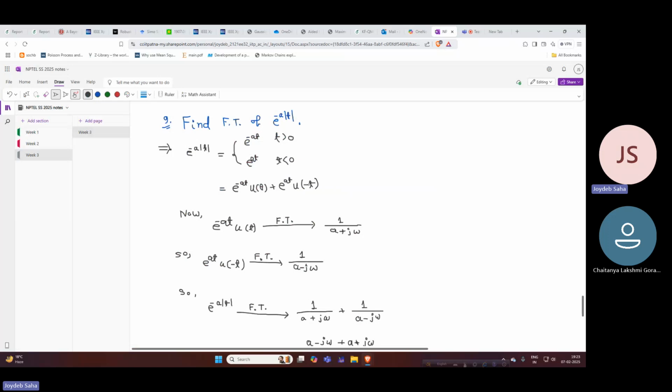Okay. If it is clear, then we can write e to the power minus at ut plus e to the power at u of minus t. Fine. Now what we know is the Fourier transform of e to the power minus at ut.